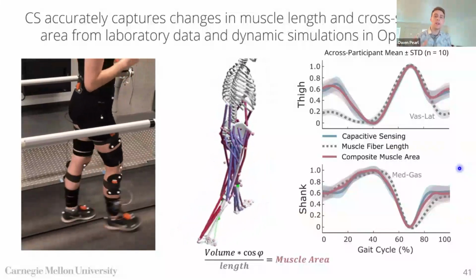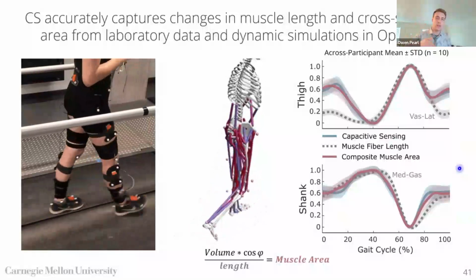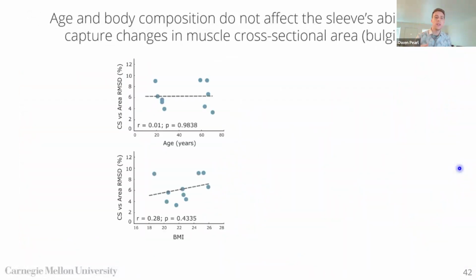But not only that, we wanted to look at whether this is really consistent on a subject-by-subject basis. So to do this, we looked at each of our participants. We collected participants ranging from 19 to 76 years of age. And we were looking to see if there are any trends in how related the capacitive sensing signature was to that individual's muscle area. And it didn't seem like that relationship got worse across participants of different ages or different body mass indices.